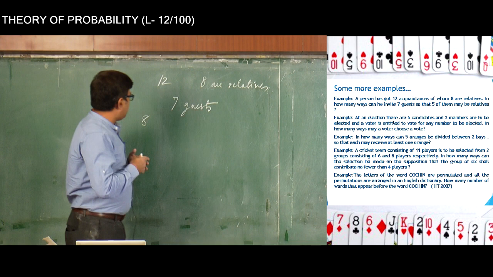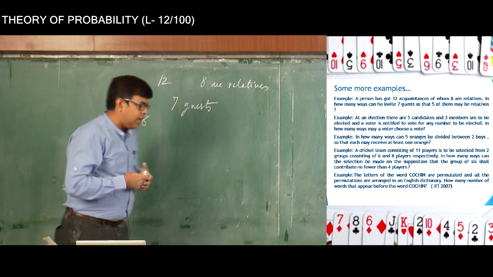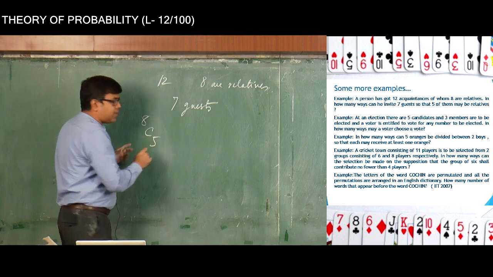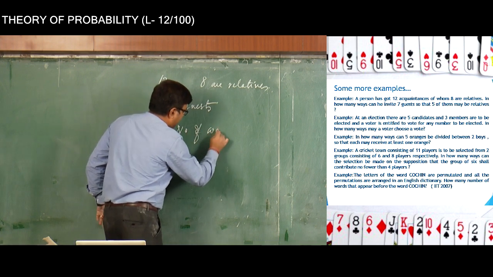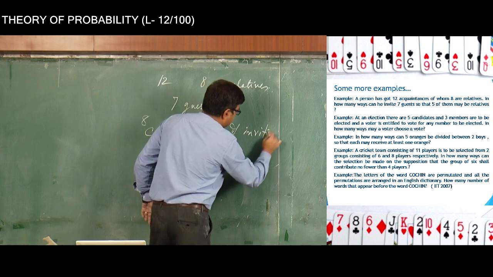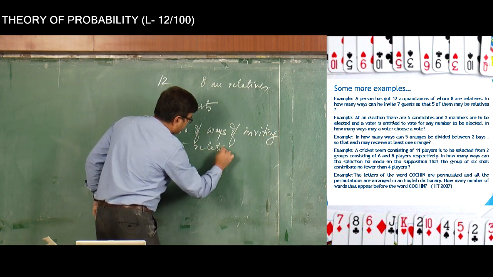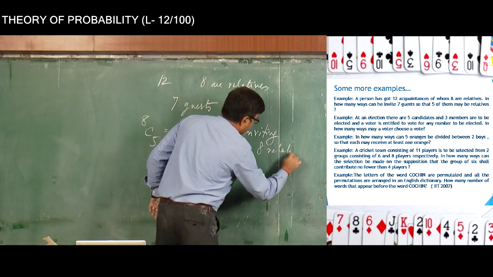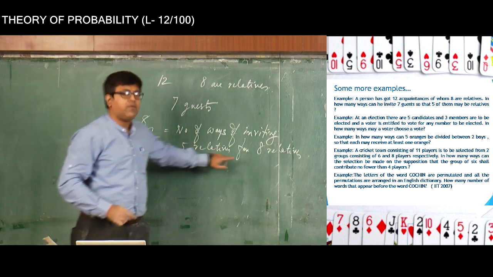So, obviously you can invite 5 relatives out of 8 relatives in 8C5 ways. 8C5 is the number of ways of inviting 5 relatives from 8 relatives.